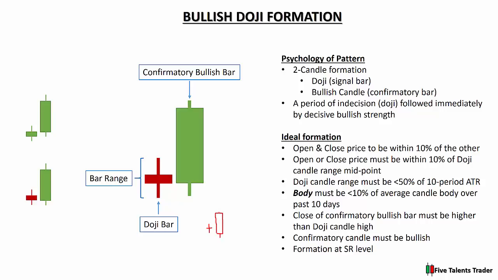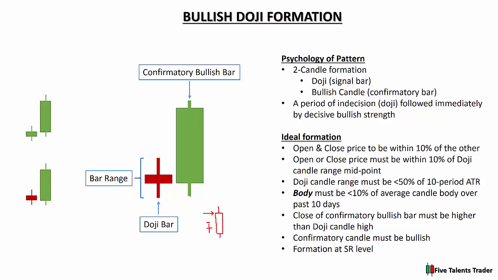But the key thing is that the close, this close here, must be higher than this. So clearly that's confirmatory. And one of my trading mentors, John Pearson, will call this a high close doji, and that is a classic profitable system, high close doji. Okay, and the confirmatory candle obviously must be bullish.